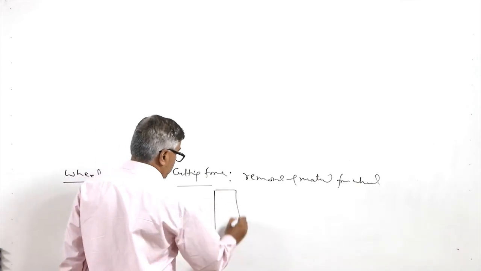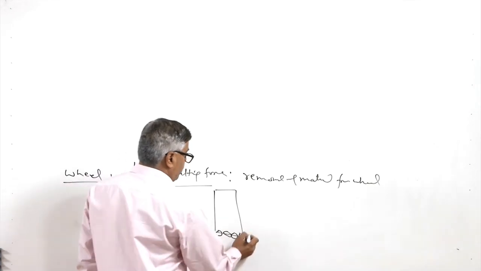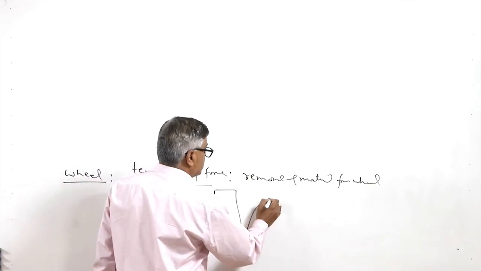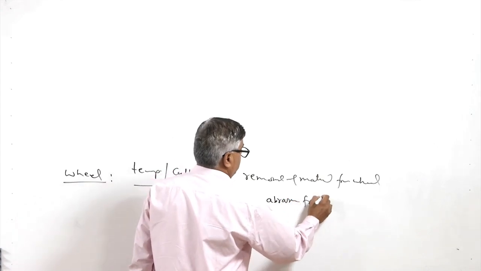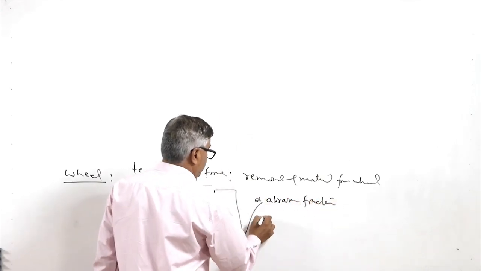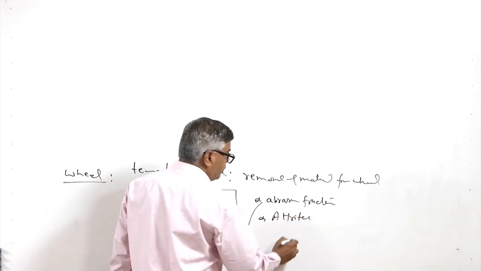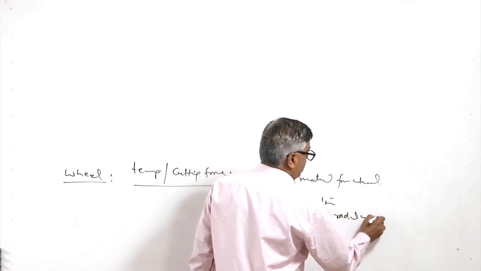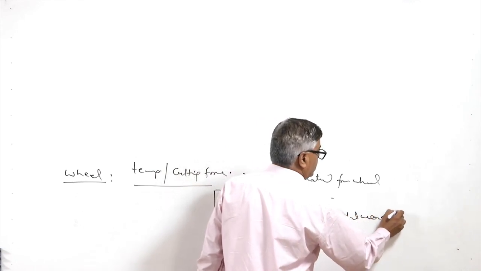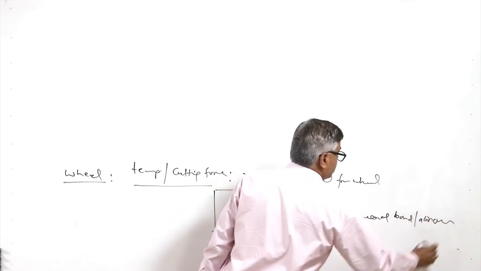Like the wheel is like this, having the abrasives. So, there are three possibilities. One is the abrasives fracture. Attrition is another, where the gradual wear of the bond as well as abrasives takes place.